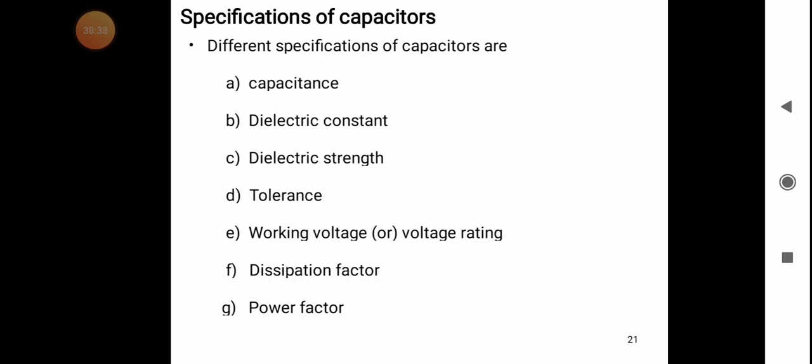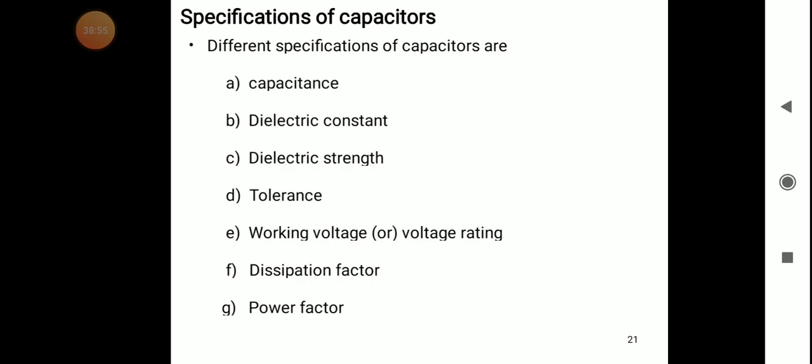The different specifications of capacitors are generally: capacitance. What is the capacitance of the capacitor? How much capacitance does that component offer? What is its capacitance storage capacity?